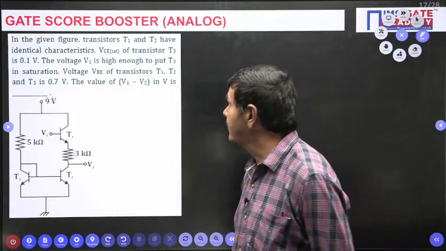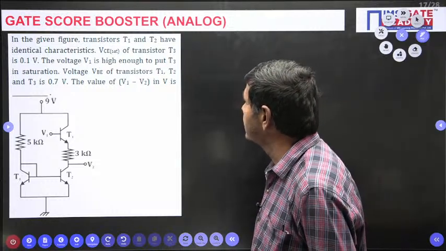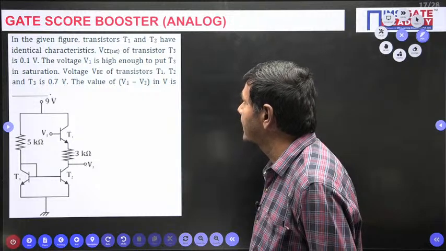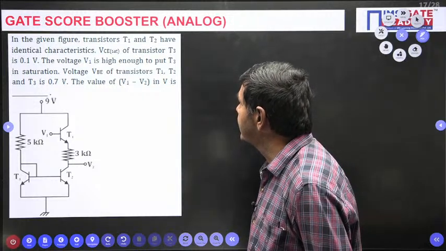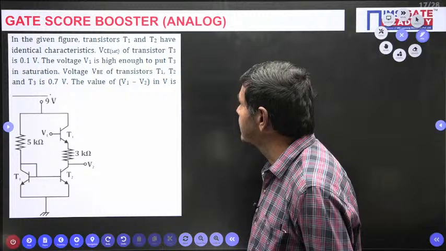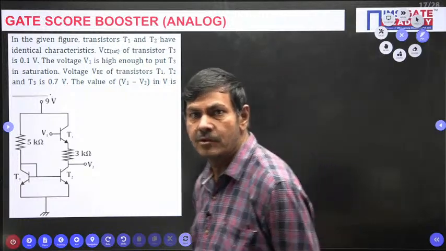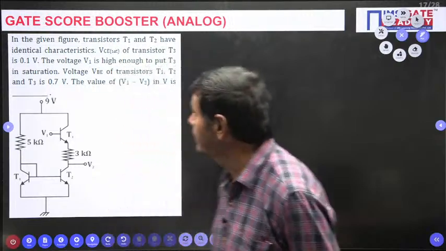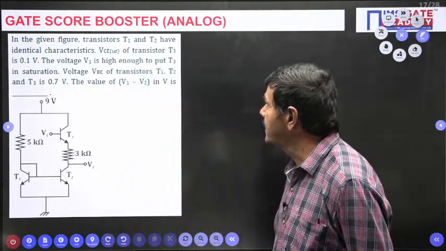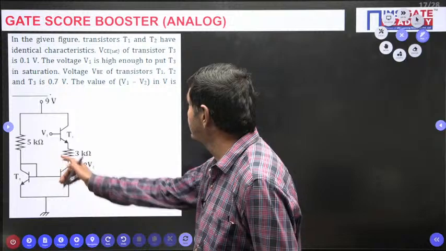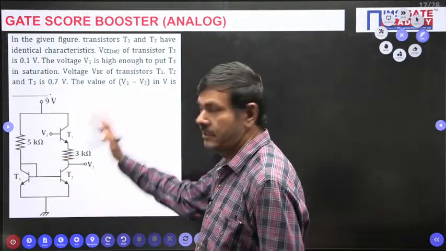In the given figure, transistors T1 and T2 have identical characteristics. VC of transistor T3 is 0.1 volt, given. The voltage V1 is high enough to put T3 in saturation.